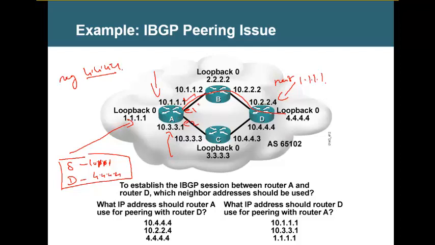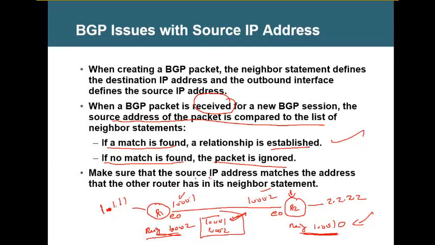You remember, when this packet is received on the peer router, the source address will be matched with the neighbor statement. If a match is found, the relationship is established. If a match is not found, the packet is going to be ignored.